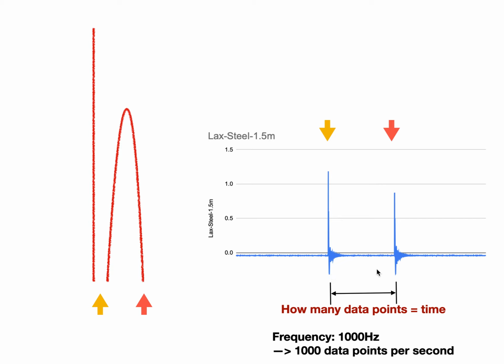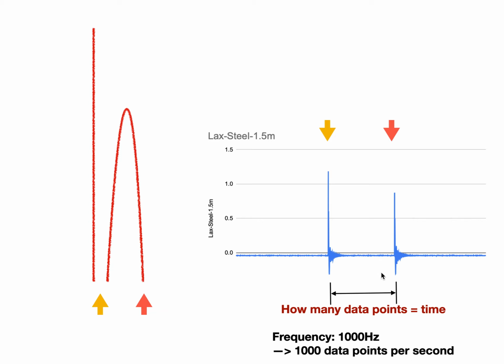So between two peaks, we should be able to get a time, right? That's the flight time in this motion, right? So if, for example, we found that there are 1,000 data points in between these two peaks, and we're sampling at 1,000 hertz, that means we got 1,000 data points per second.